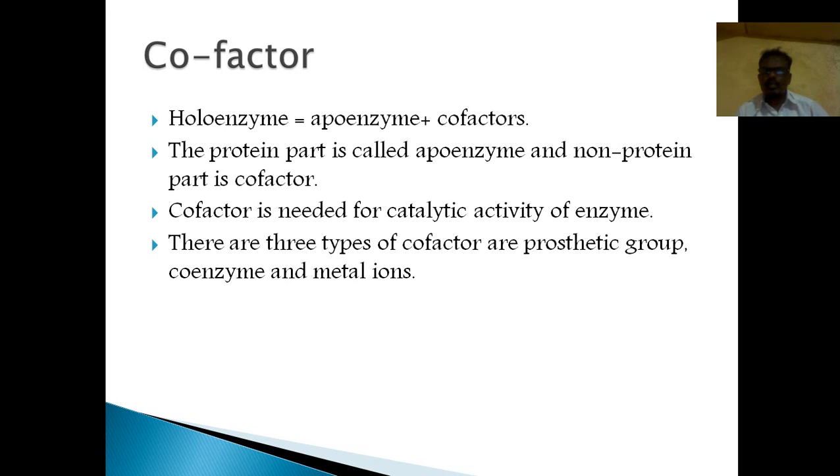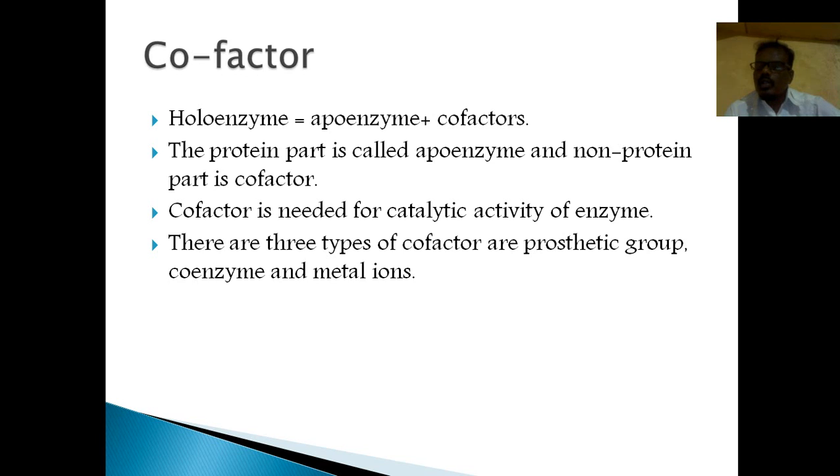Holoenzyme means enzymes which have both protein as well as non-protein parts. For example, apoenzymes and cofactors are collectively called holoenzymes. The protein part is called apoenzyme and the non-protein part is called cofactor.